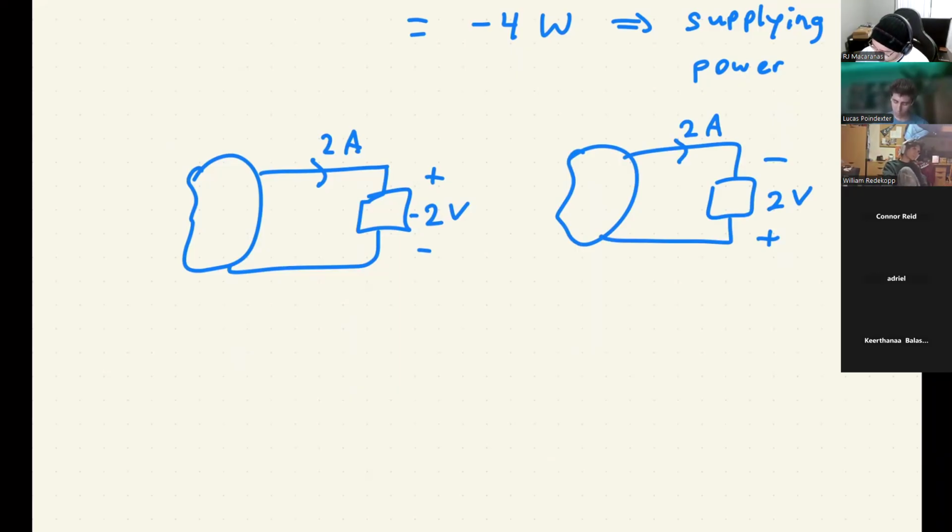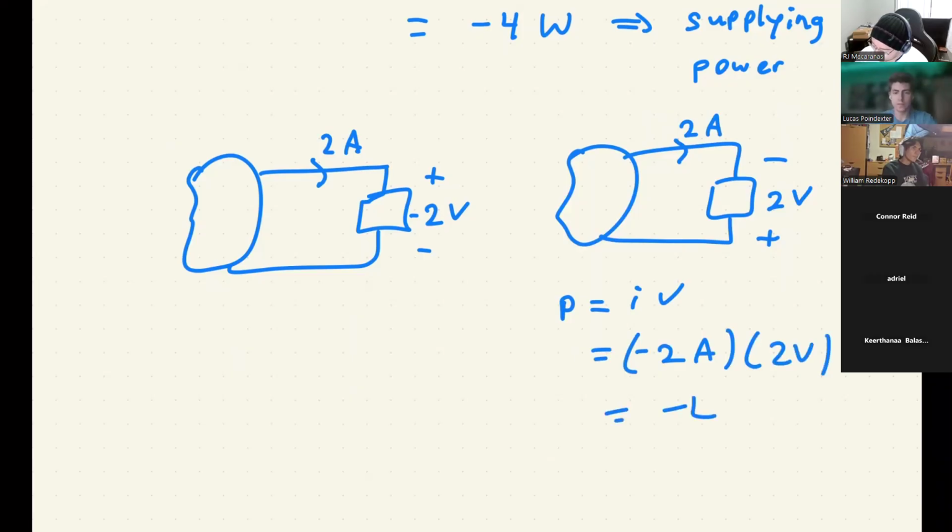I'm going into the negative terminal, so by the passive sign convention this current is actually negative. So -2 amps times 2 volts, and I get this -4 watts again. Generally speaking, when you have negative current, the current's going the other way, and when you have negative voltage, you've got the potentials swapped.